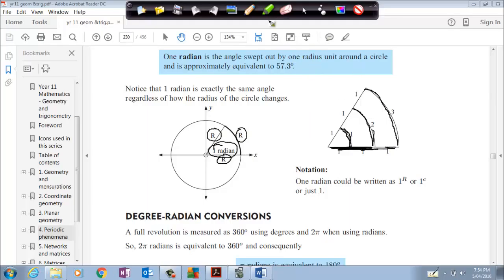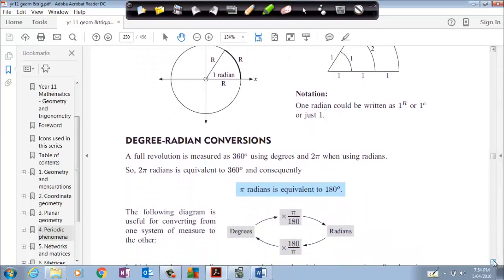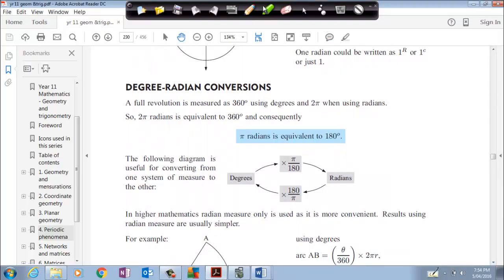Okay, now another way of converting it is to use a flow chart, which is down here. If you want to convert degrees to radians, then you times by pi on 180. If you want to go from radians to degrees, you times by 180 on pi. So I'll go back to my Word document and illustrate that.